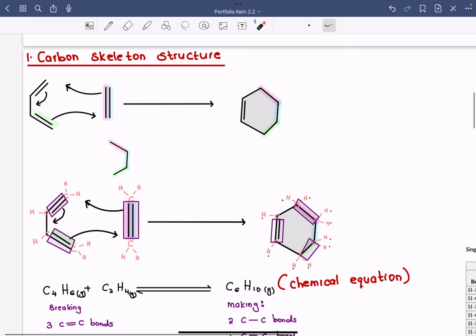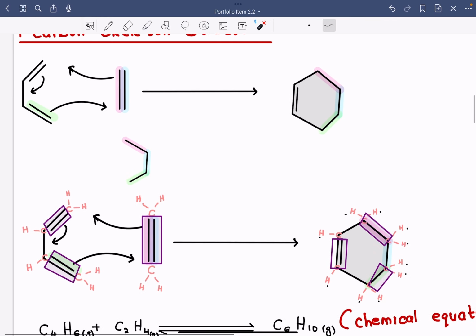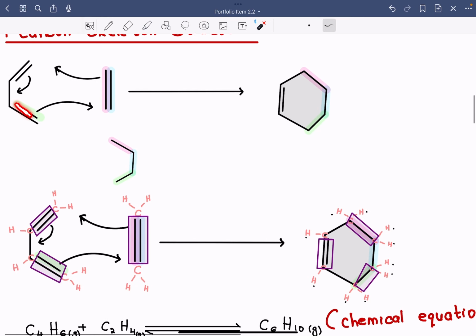From here, we see that this double bond is broken up, and that is represented with that kind of bond. And then one of this double bond is broken, and it forms a bond between this and that. And then we have the shifting of this double bond here.